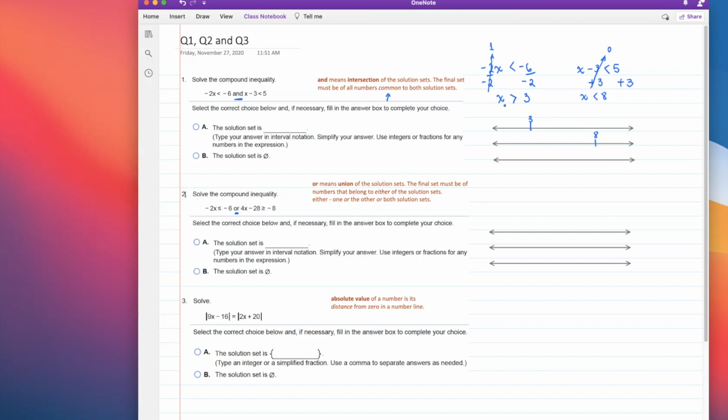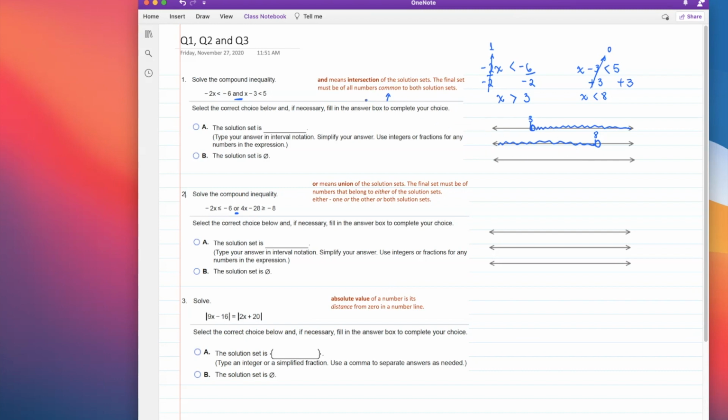So on the first inequality, everything that is greater, not equal, just greater, then on top of 3 is open because the 3 is not included, but anything greater than. And here, any x that is less than 8, not equal, just less, then it is open as well. And then anything that is less than 8 going to negative infinity.